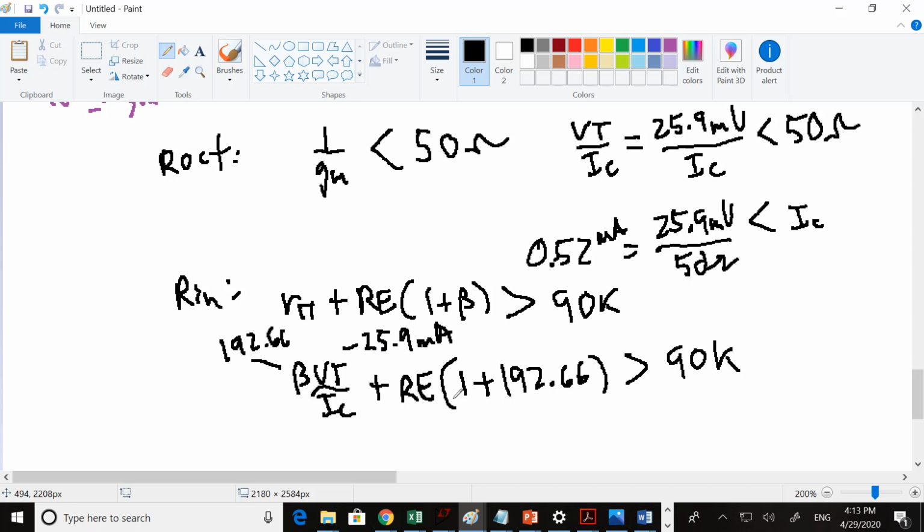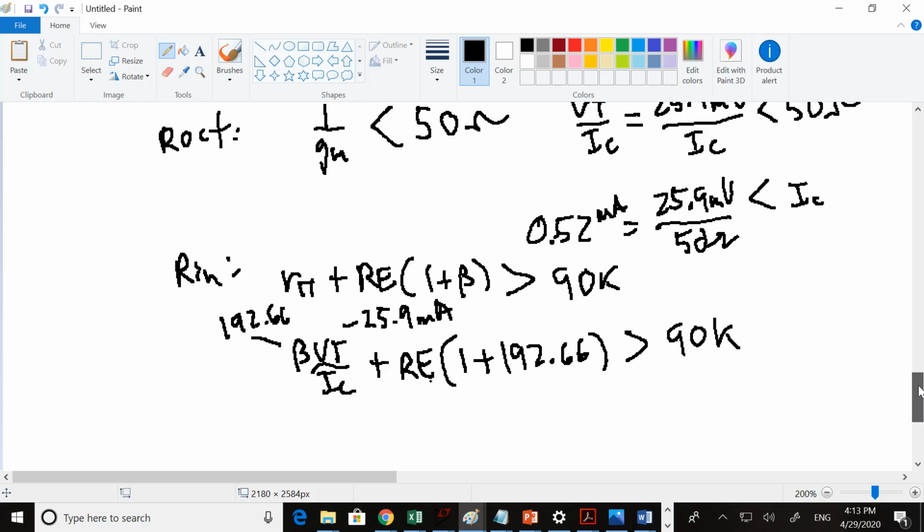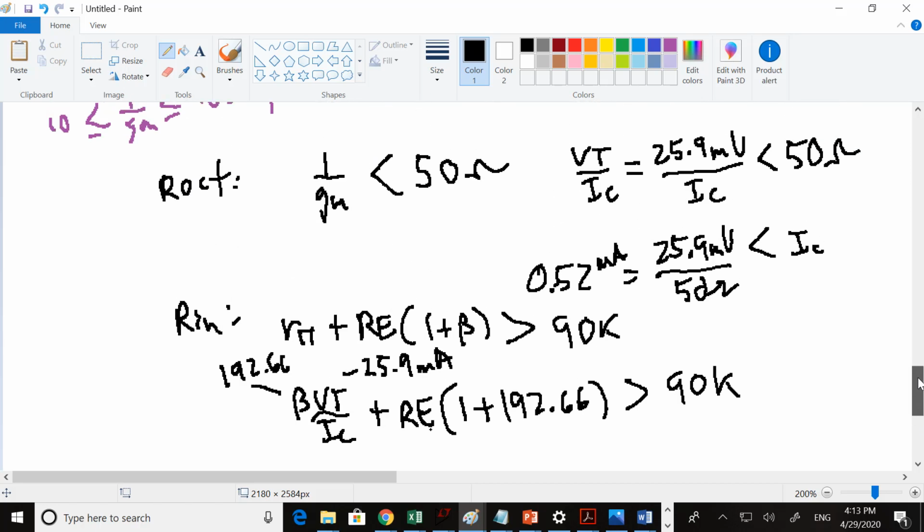So you have an equation here with two unknowns, IC and RE. You have some information about IC, that it needs to be greater than 0.52 milliamps. And I think on the data sheet, I have to go look this up, I'm sorry, but I think this transistor is happier with like a milliamp or above.